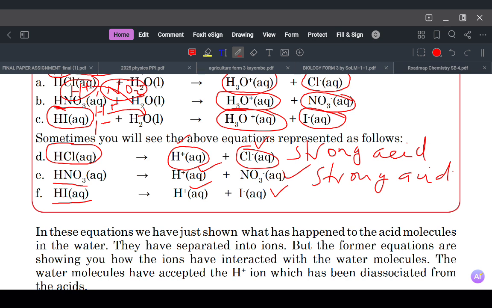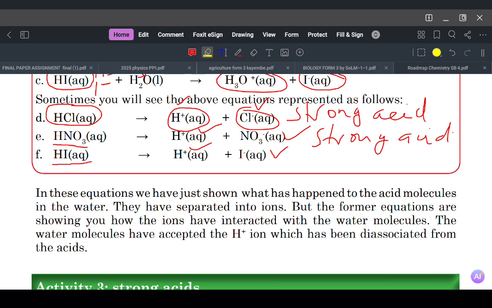So, in these equations, we have just shown what has happened to the acid molecules in the water. All right? They have separated into ions, but the former equations are showing you how the ions have interacted with the water molecules.